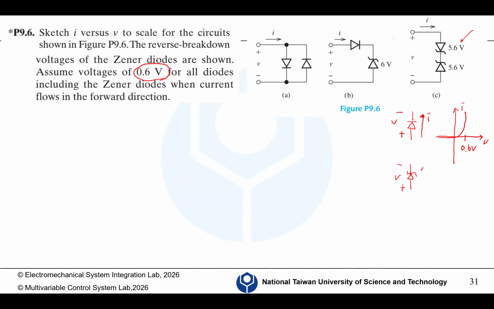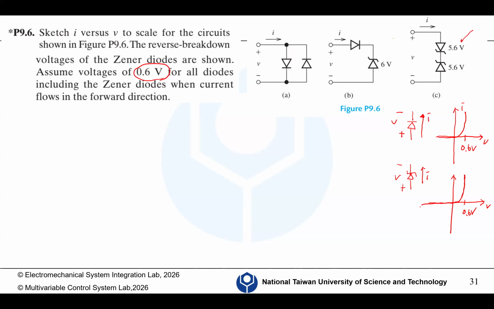Suppose this is V and this is I. Its characteristic VI curve, because it says the forward direction includes the Zener diode, under the forward bias should look the same as the normal diode.